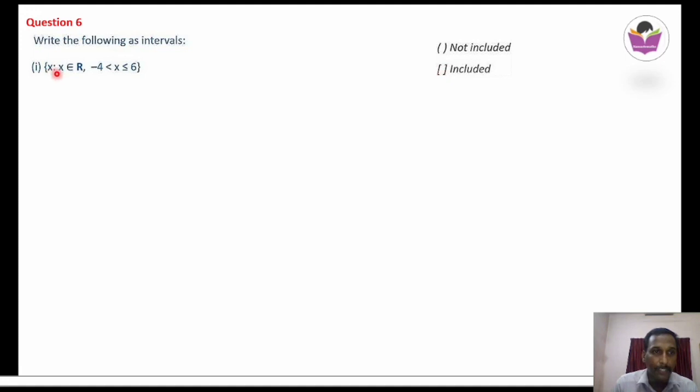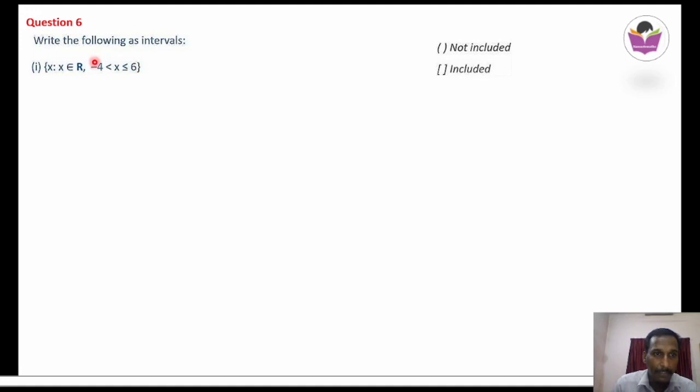Here x such that x is an element of R, minus 4 less than x less than or equal to 6. Remember, here for minus 4 the equal to symbol is not there, which means minus 4 will not be considered. Just after minus 4 will be taken. But here, less than or equal to 6 means this 6 will be considered.